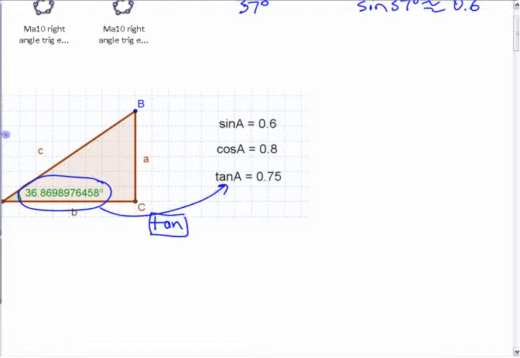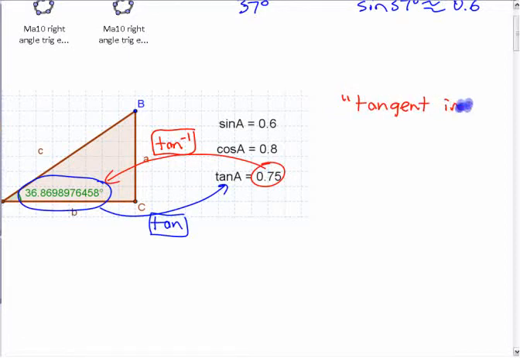If you want to go backwards now, if you want to take the ratio and get this thing back, you got to use the button that says tangent with the little -1 up there, except we're not going to call it tangent with the little -1. We're going to call it tangent inverse or inverse tangent. Inverse tangent is probably a better way to say that. It's the opposite.